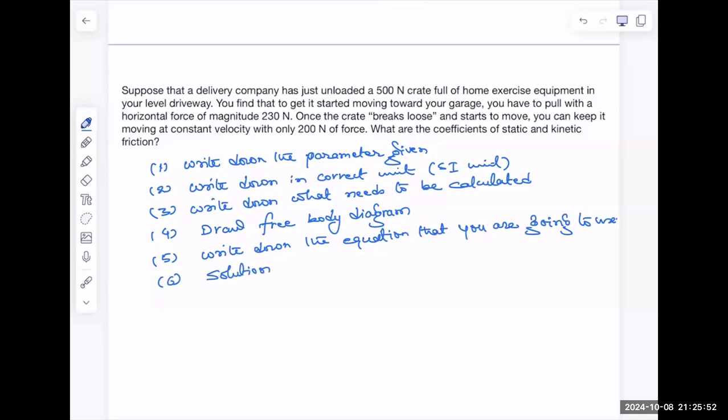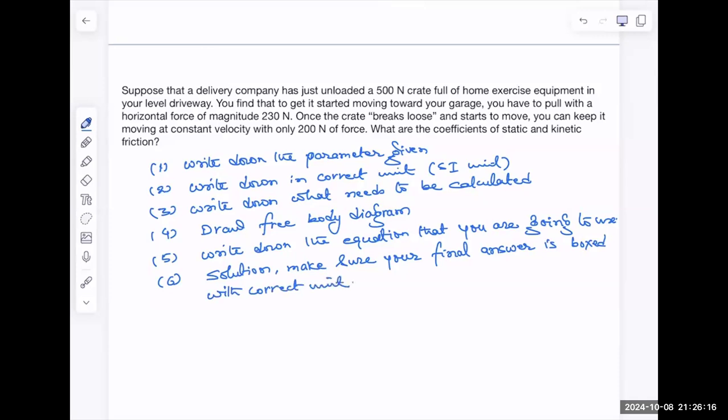Make sure your final answer is boxed with the correct unit.